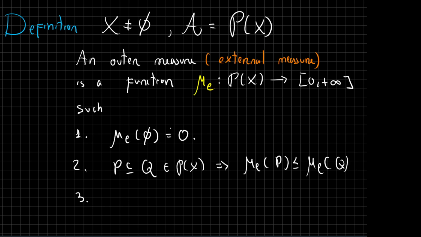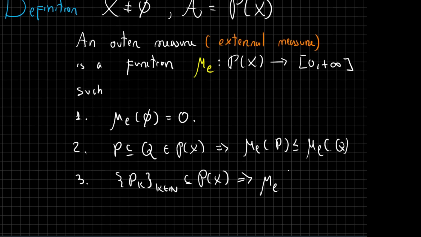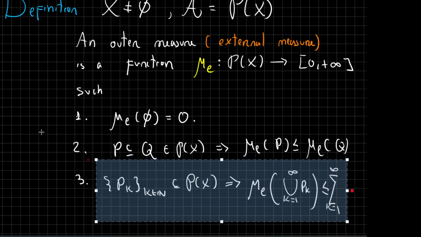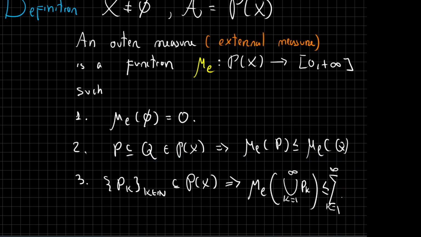And the third property, we have some countable sequence inside the power set, and then we have the subadditive property that you already know, this one here, and this is less or equal than, I ran out of space.